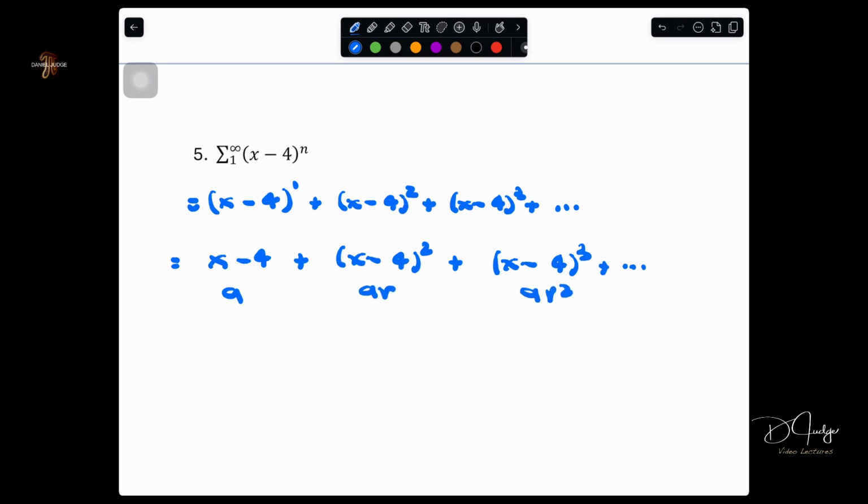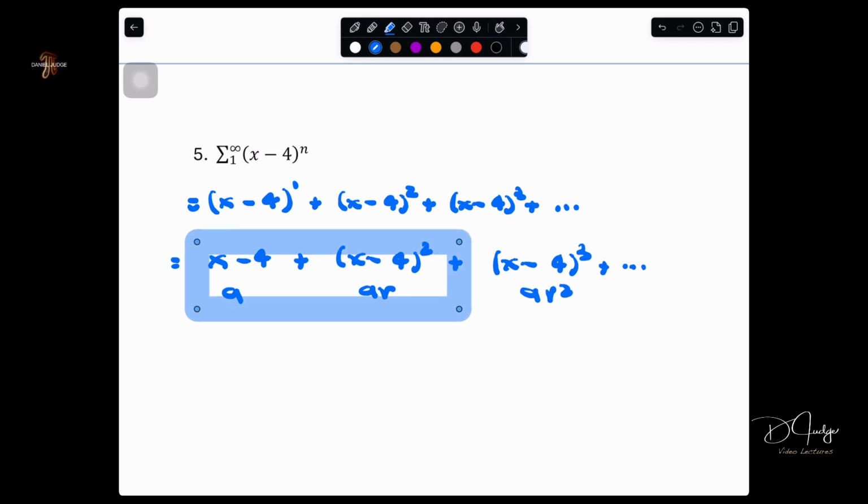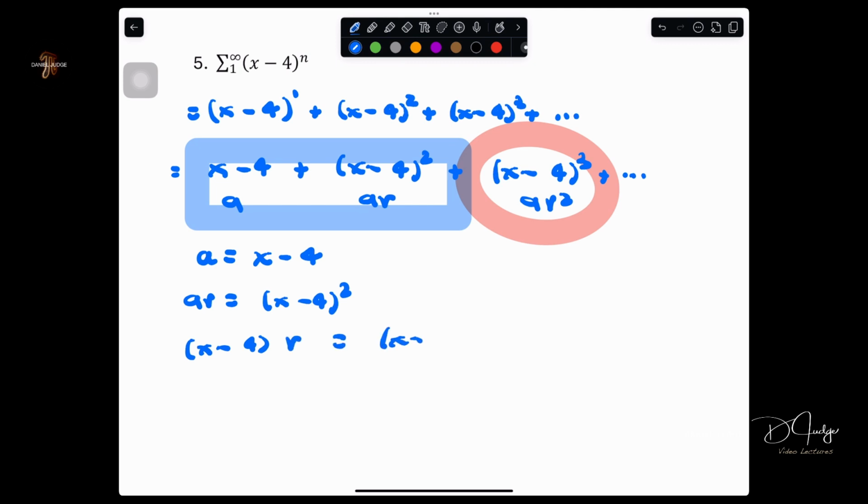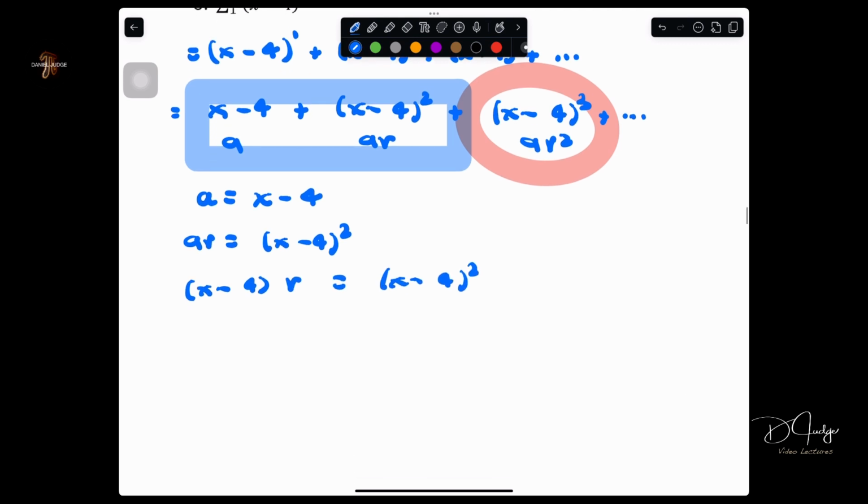So if you check if this is geometric, you're going to find the following here. A is x minus 4. AR is x minus 4 squared. So that means x minus 4 times r becomes x minus 4 squared, and r is x minus 4. Solving for r here. Don't forget, this is my a value.